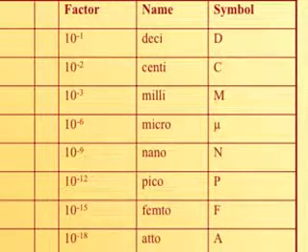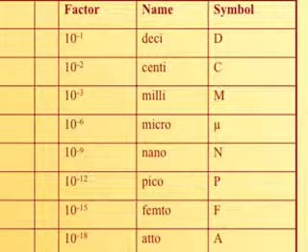So if I take my meter, if I have a piece of paper that's 1 meter long, and I cut it in 10 pieces, then I have 10 equal pieces. Then I take one of those pieces and cut it in 10 pieces again. Now I should have a centimeter. I'm talking equal sized pieces, so I should have about a centimeter.